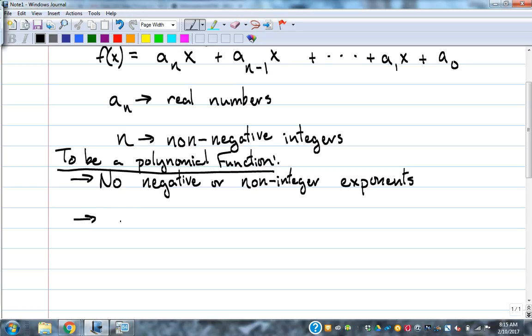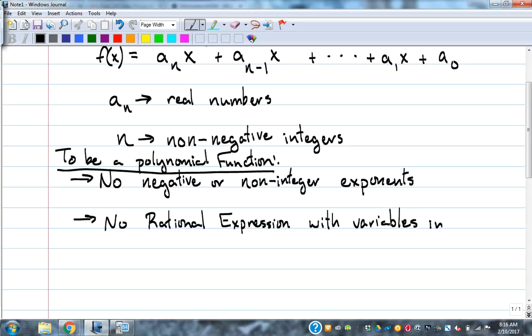Also, no rational expressions. What's a rational expression? Anybody know what a rational expression is? Well, this word should give it away. Yeah, denominator, that's got to be a fraction.